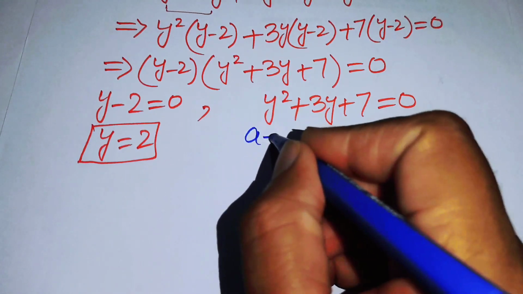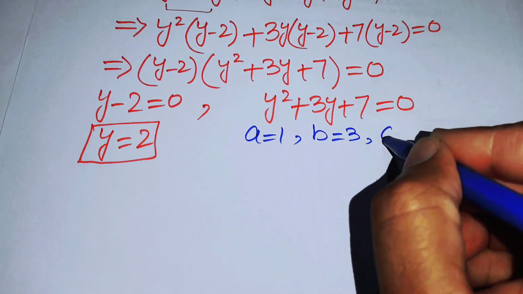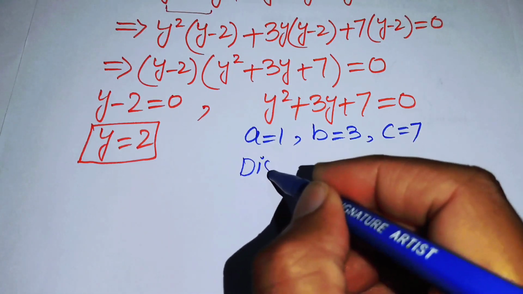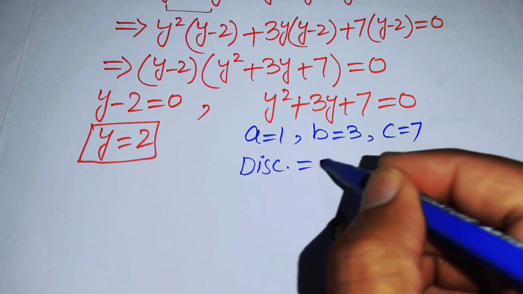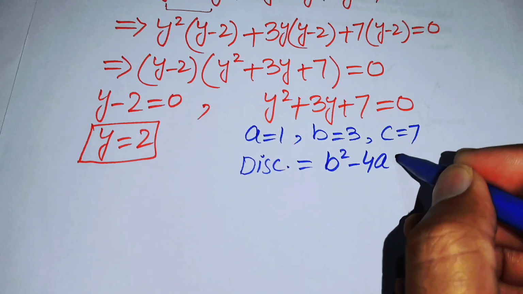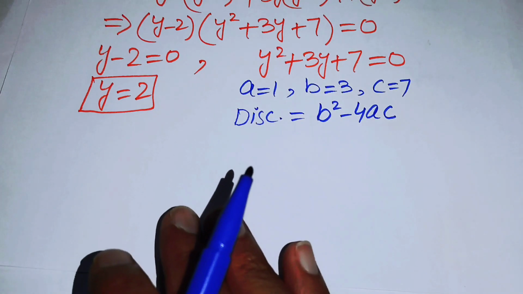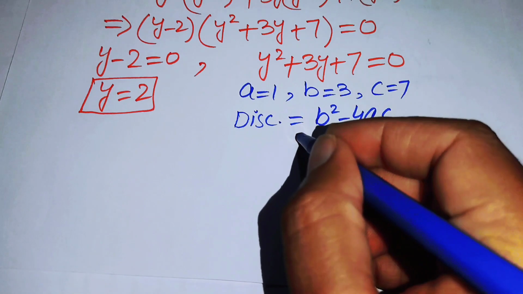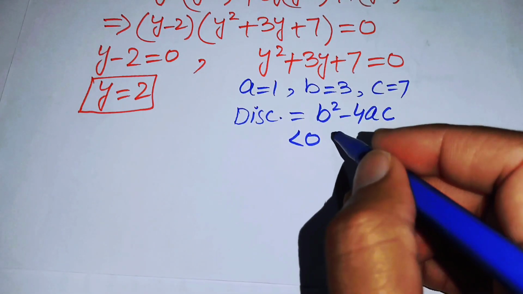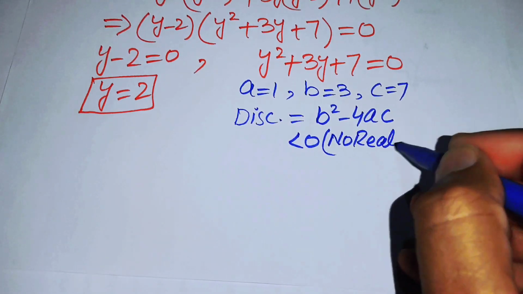Here you have a is equal to 1, b is equal to 3, and c is equal to 7. And our discriminant formula is delta is equal to b squared minus 4 times ac. Now I can explain this discriminant formula a little bit. You know that if the discriminant is less than 0, then we say that this quadratic equation has no real root.